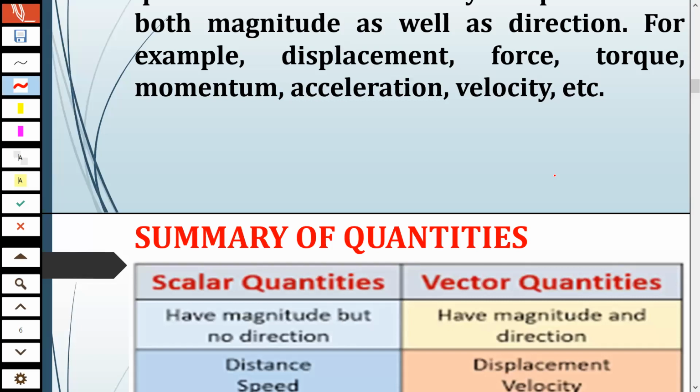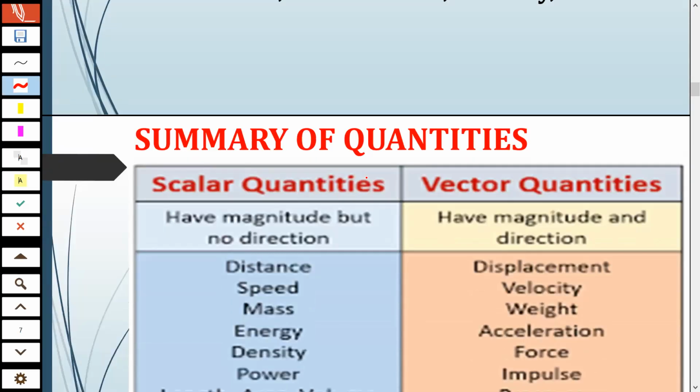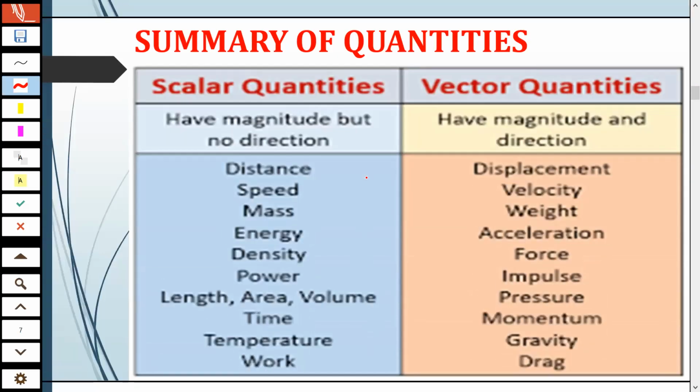And this is a table showing a summary of these same quantities. On the part of scalar quantities, we have distance, speed, mass, energy, density, power, area, volume, length, time, temperature, and work.